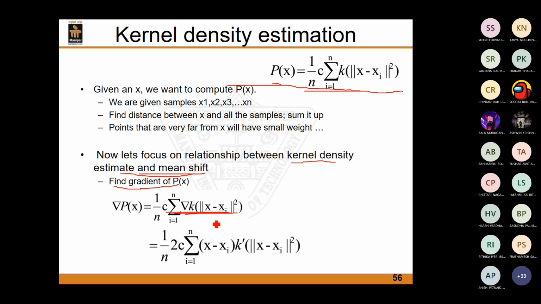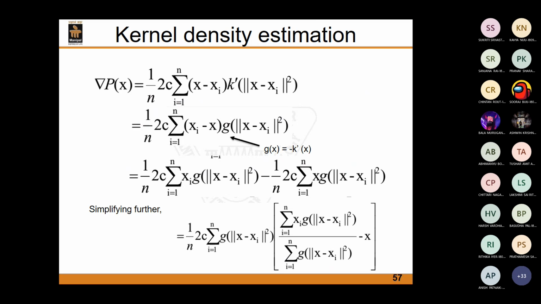You can simplify this further. When you take the gradient, you get it in this form, where you have x minus xi times k dash of the distance x minus xi. We can simplify this further; you can go through the steps later.